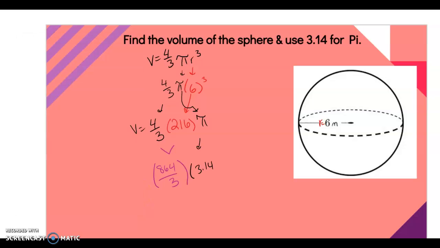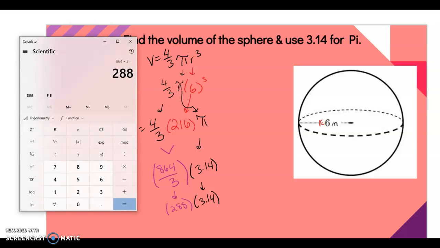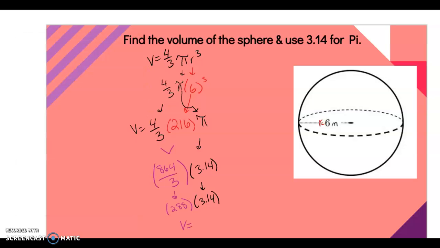Ooh, I get 288. So 3.14. And we said when we divided that, we got 288. So now I'm going to take my 288, multiply it by my 3.14, and I get 904.32 meters cubed.